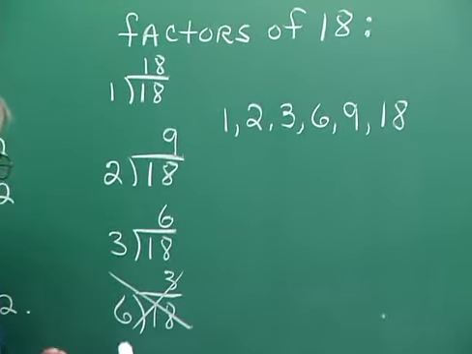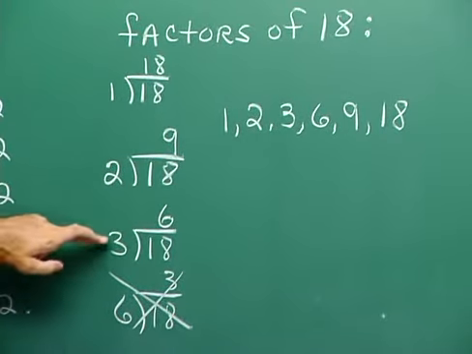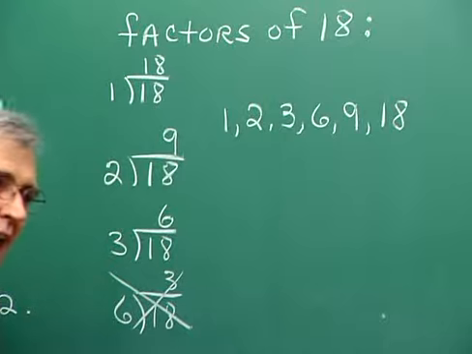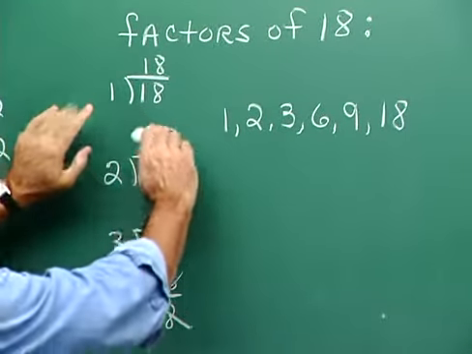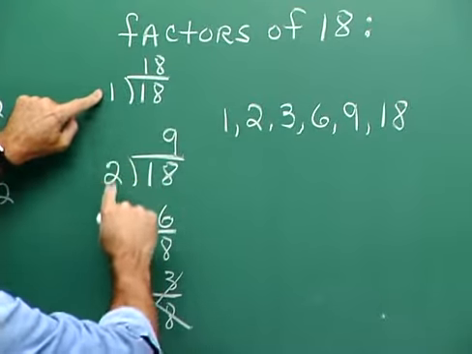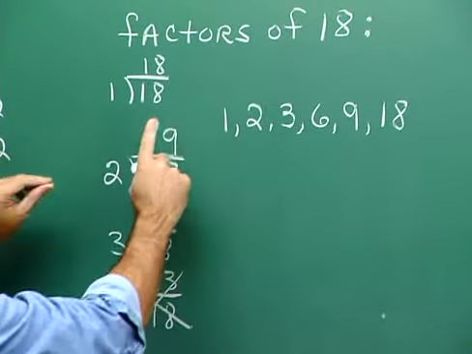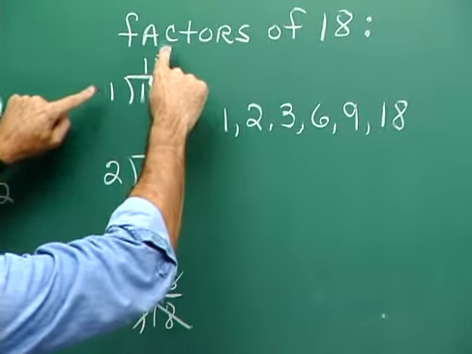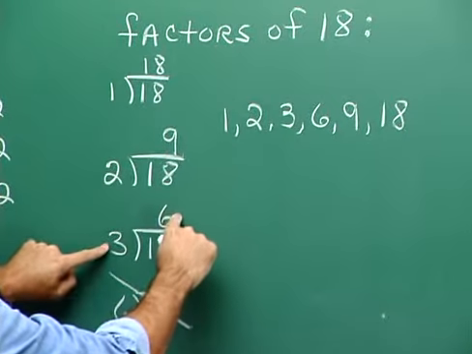All right, now, there must be a spot somewhere in between the 3 and the 6 here where we could have stopped. And it turns out that if you look at the pairing here, 1 with 18, 2 with 9, notice that the value of the factors is farthest apart here and getting closer and closer together.